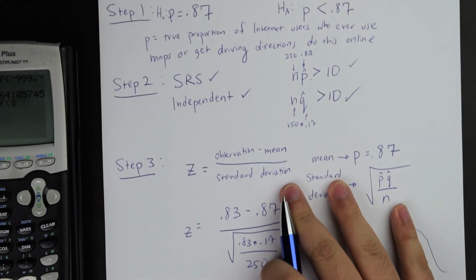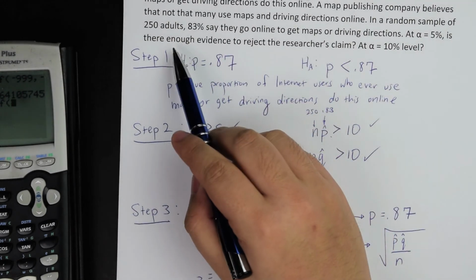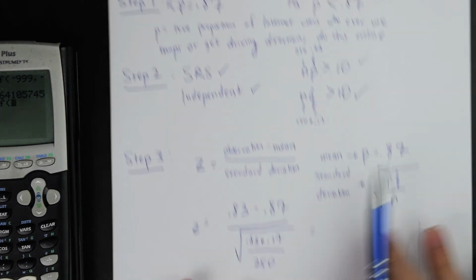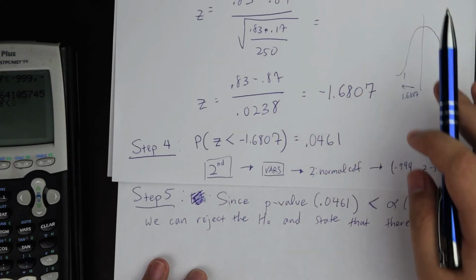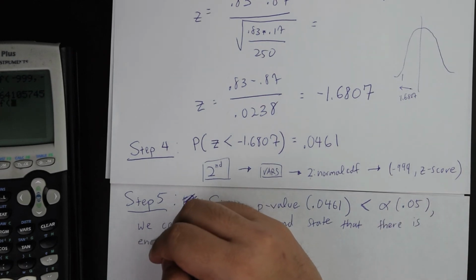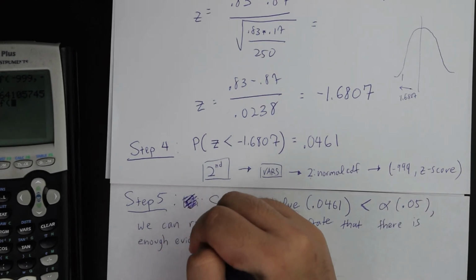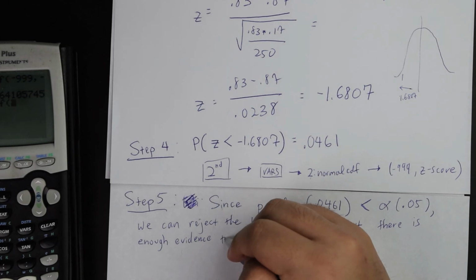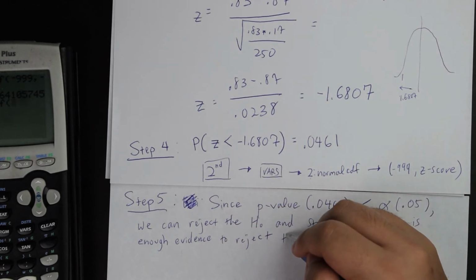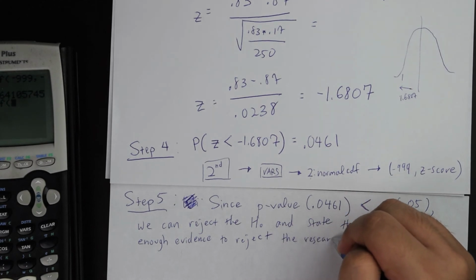I am actually right here going to copy this statement, that there is enough evidence to reject the researcher's claim. So I am going to write down that there is enough evidence to reject, and I could be more detailed and I will do that. Reject the researcher's claim, and I'm going to elaborate on this.